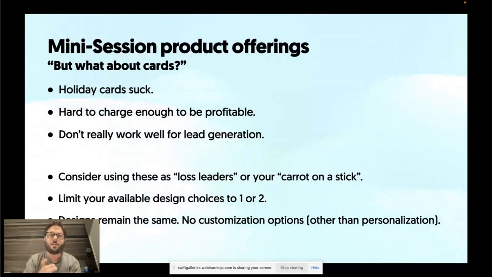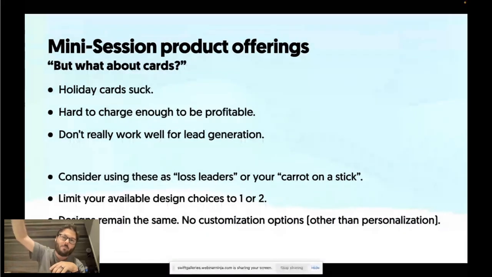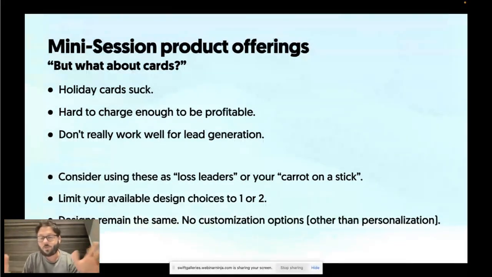All right, so you can make this your loss leader. It's the thing that gets them in the door, but you're really going to sell them something else, right? The vast majority of people are going to buy something else. Or you can use this as your carrot on the stick. It's the thing to bribe them to get what you really want them to get. So maybe you get a full pack of cards with any wall art order, right?